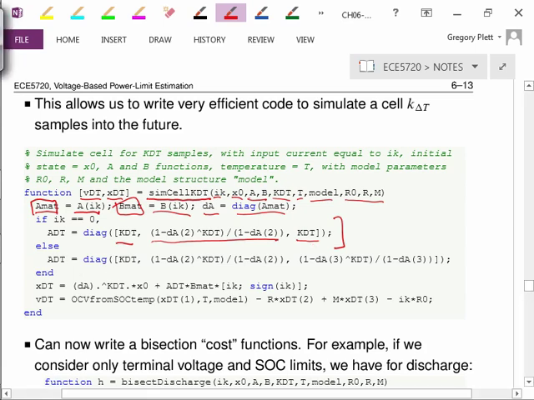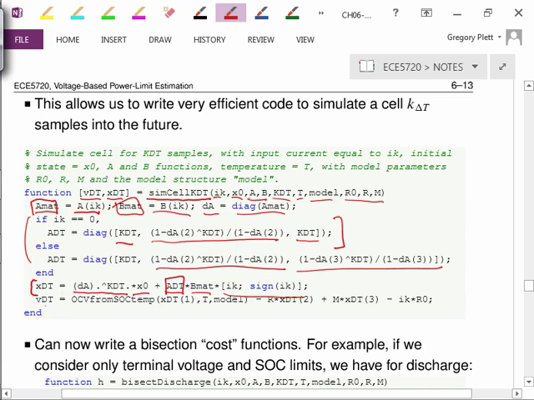And then similarly, when we don't have 0 current, we can use that formula on the diffusion resistor currents and on the hysteresis state, both. So ADT is that summation at the bottom of the previous page, and we update the X state as the diagonal elements of A to the kdt power multiplying the initial state, or the present state value x0, plus this ADT summation multiplying the B matrix, multiplying the input over this fixed period of time.